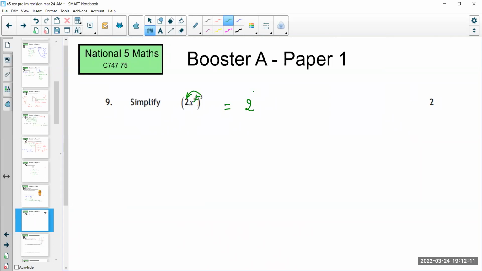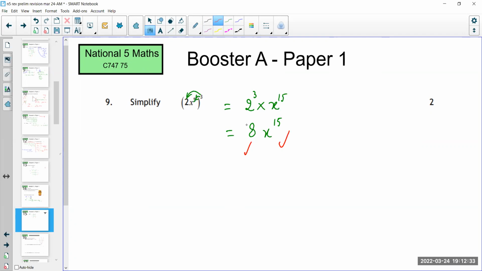That means I've got 2 cubed times x to the power 3 times 5, which is 15. 2 cubed is 8, x to the power 15. And this is how you get your 2 marks.